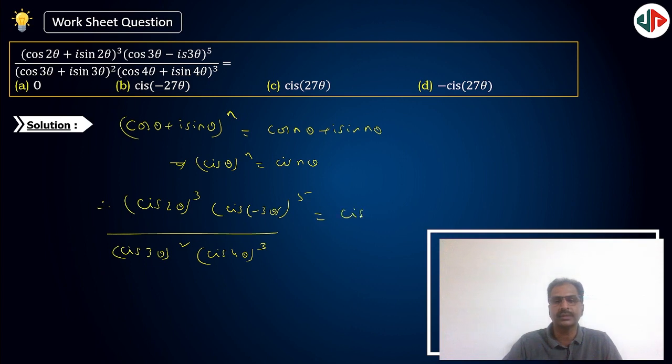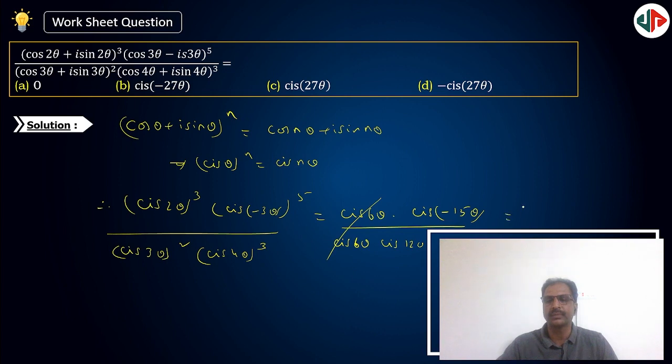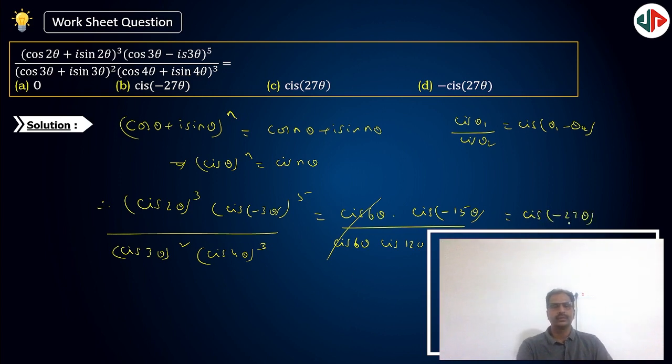This is nothing but cis 6 theta into cis minus 15 theta by De Moivre's theorem, divided by, again, cis 6 theta into cis 12 theta. So you can cancel these two. And what is cis theta 1 by cis theta 2? Cis of theta 1 minus theta 2. So by using that, this is nothing but cis of minus 27 theta. Option B.